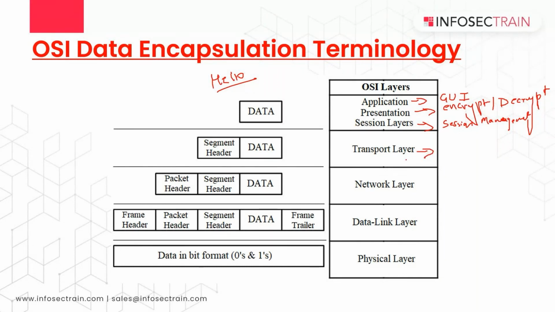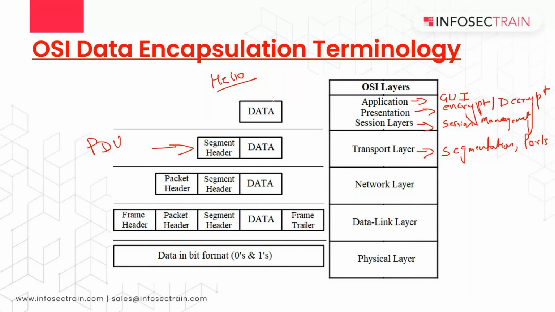Does the transport layer perform segmentation? Yes, it takes care of ports as well, so that's why it's written here. This is the PDU of the transport layer. In the 7th, 6th, and 5th layers, it is called data.